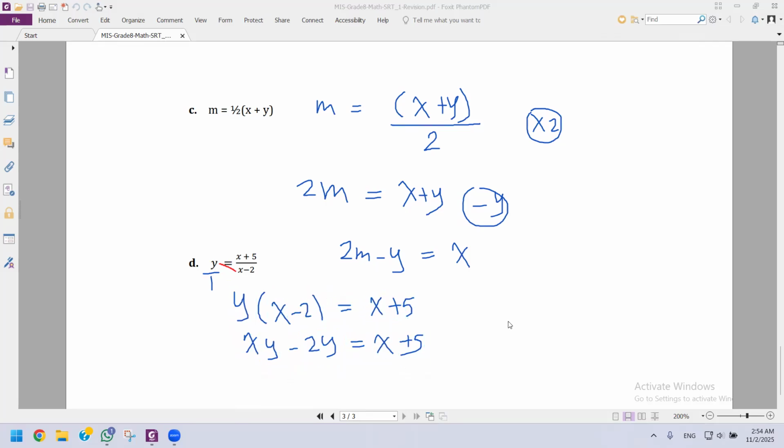Okay, now after I expand, what should I do? I'll put the x values on one side, the others on the other side. So let me bring that x to the left. So I will have xy. When I take it to the other side, I change the sign of it, will be minus. So xy minus x equals to 5. Now take minus 2y to the right, be plus 2y.